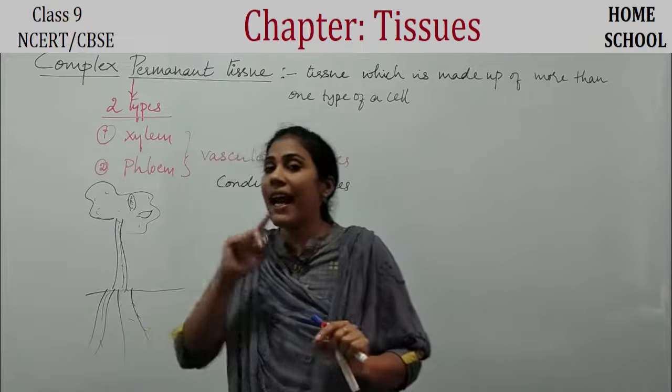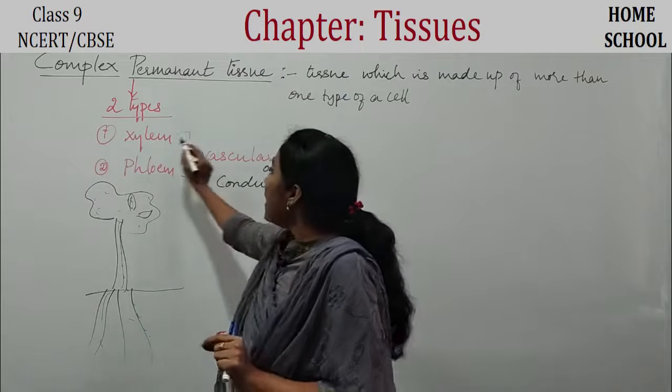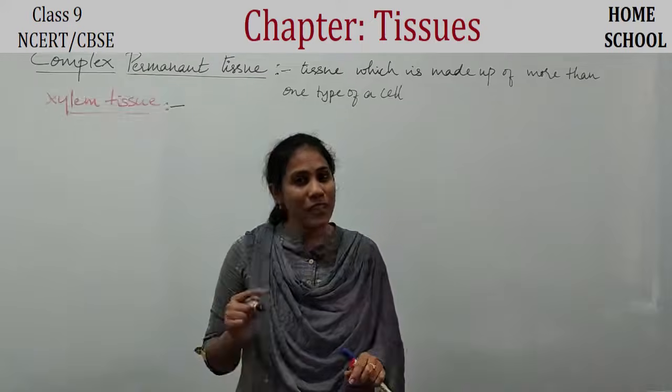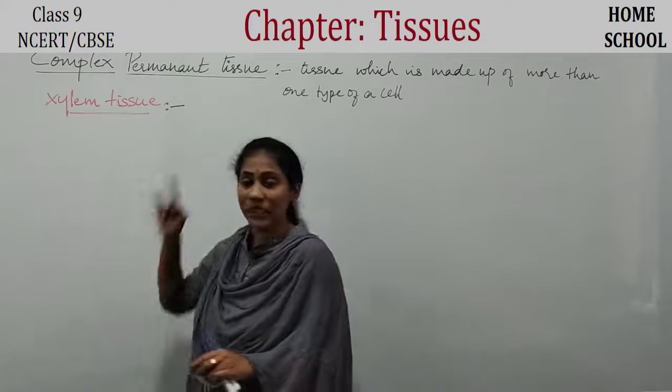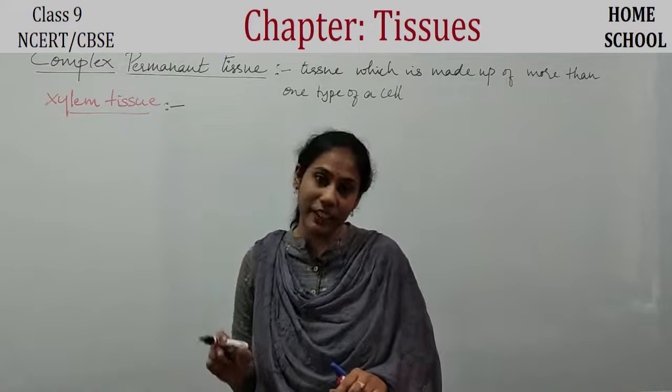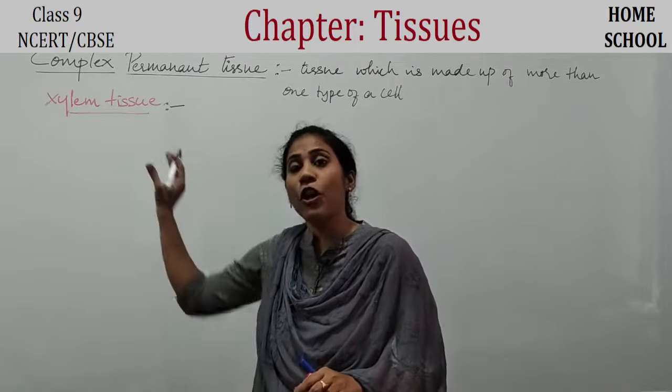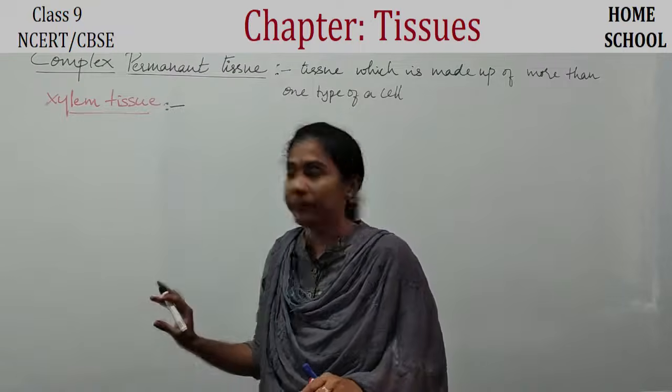Clear? And now, first and foremost, let us discuss the xylem tissue. As I already told you, xylem tissue is a conducting tissue. That means it carries water from roots to all parts of a plant. Okay?